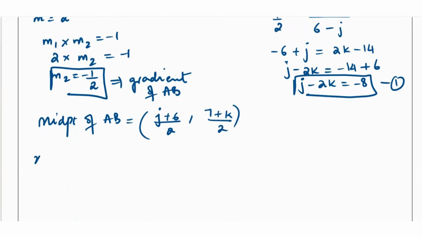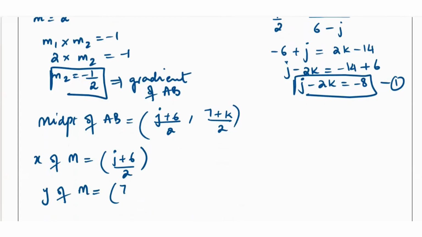So X of M is (J plus 6) over 2 and Y of M is (7 plus K) over 2. Actually, we don't need to add these brackets. Okay.